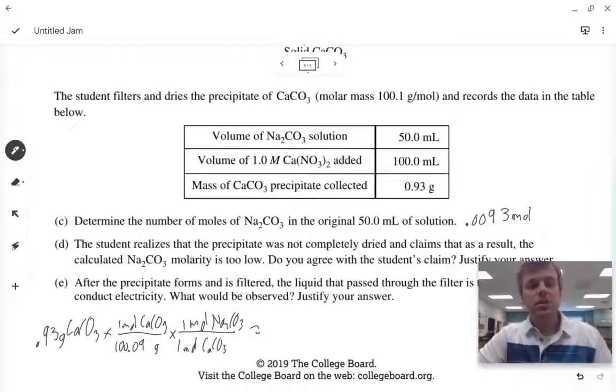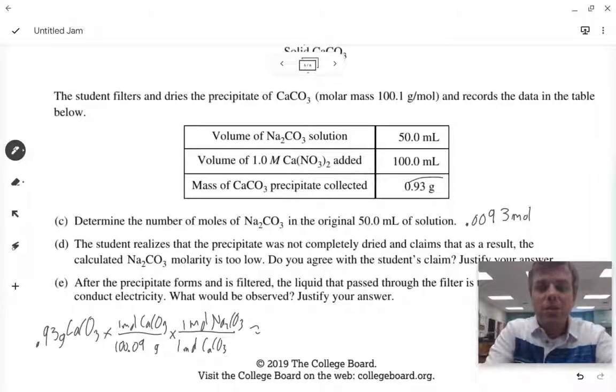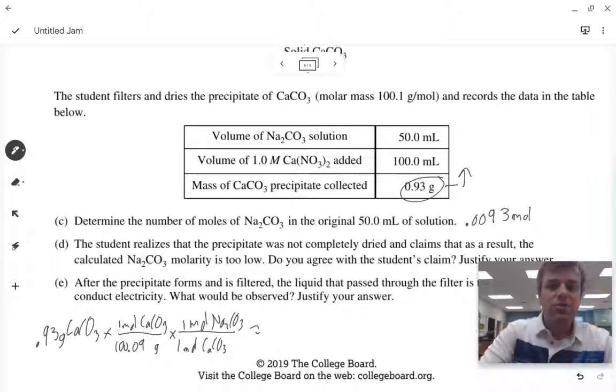Well, if the precipitate was not dried all the way, then this mass would be larger than reality. That would make the moles bigger than we would expect. And since molarity equals moles over liters, that would give us an answer that's actually too high, not too low.